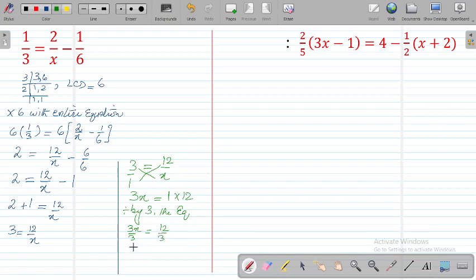So what's the final result? 3 cancels with 3, and 12 divided by 3 is 4. So your final result comes out to be x equal to 4. Okay, so this is the final result after solving this algebraic equation.